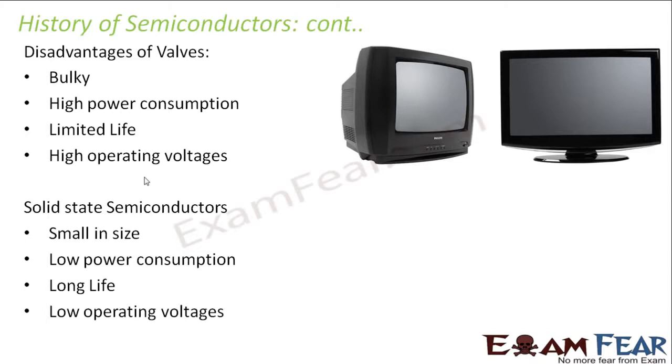Whereas in semiconductors, no such arrangements were needed. We will talk about semiconductors just now, and then you'll get to know how current flows in a semiconductor. In case of semiconductors, controlled and unidirectional flow of electrons took place inside the solid itself. So there was no external heating involved.